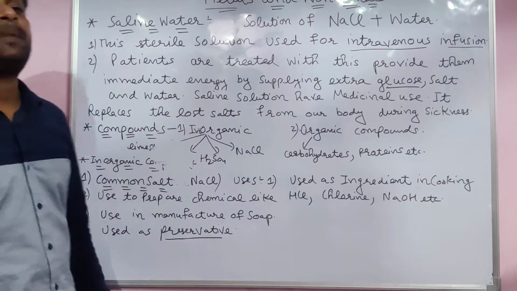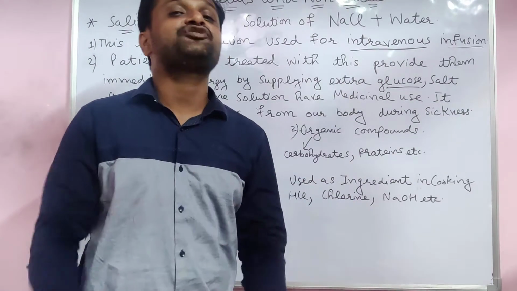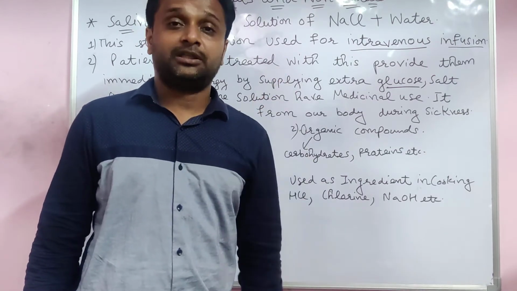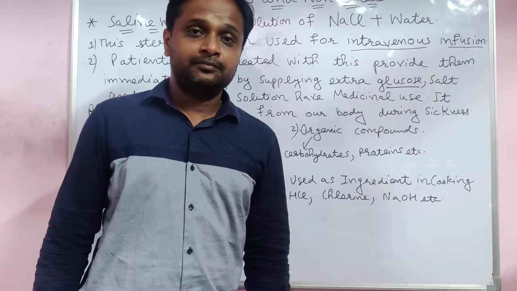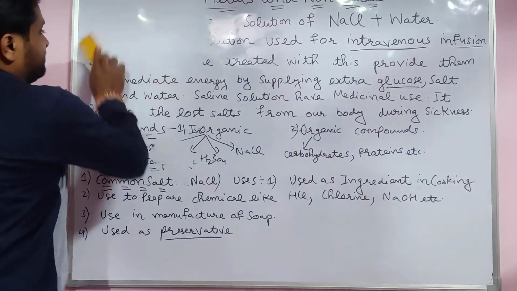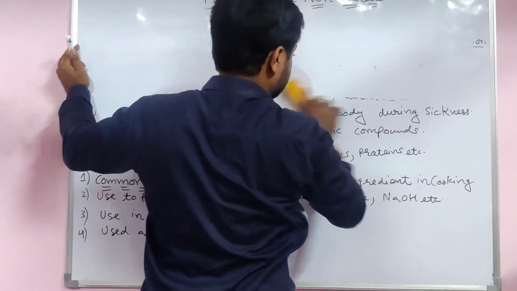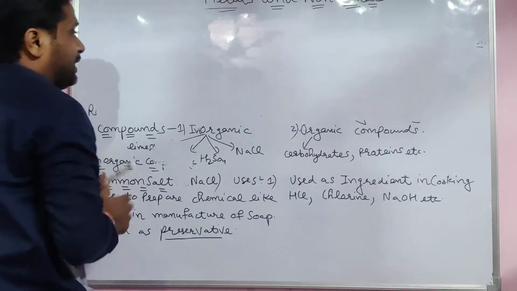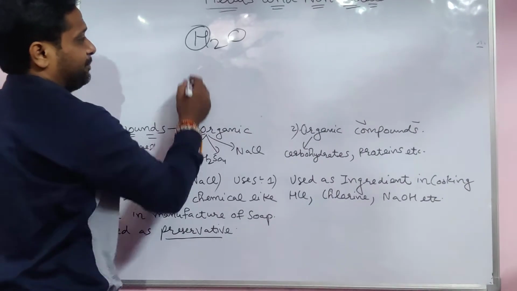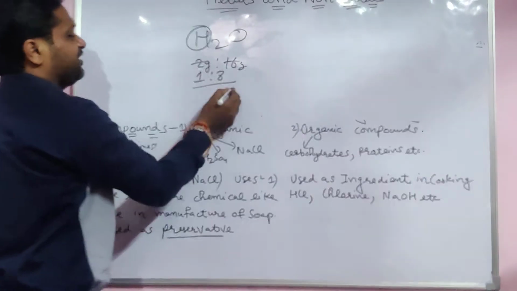Next is the compound. I already told you, when two or more elements combine with each other, they form a compound in a definite, fixed proportion by mass. For example, water: hydrogen has mass 1 gram, so total 2 gram, and oxygen 16 gram, a ratio of 1:8.